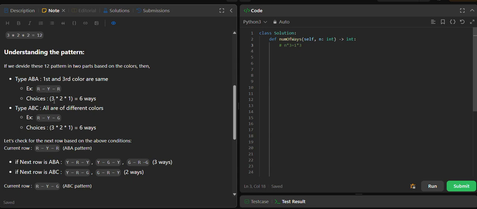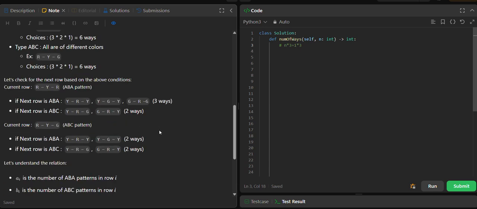We have the choices 3 into 2 into 1, because at first for red we have 3 choices, for the second cell we have 2 choices, and for ABA type we have only 1 choice. That means after calculation we have 6 ways in type ABA. Another type is type ABC. Here we have all 3 different colors for the 3 cells, for example, red, yellow and green. Here we also have the choices as 3 into 2 into 1, that is 6.